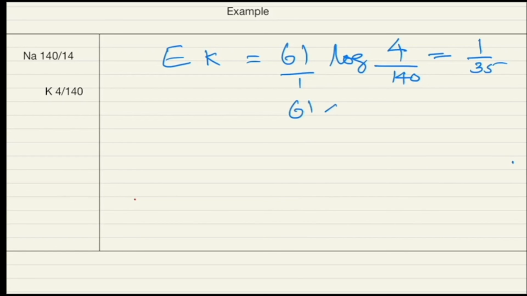So 61 into log 1 by 35 is equal to 61 into minus 1.54. It approximately comes to minus 91.5, and you can see that the membrane potential is approximately equal to, or near to, the equilibrium potential of potassium.